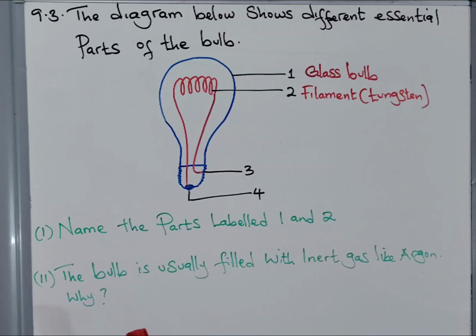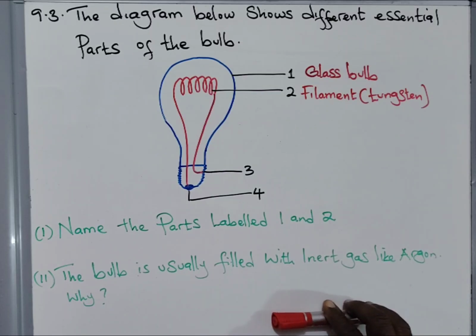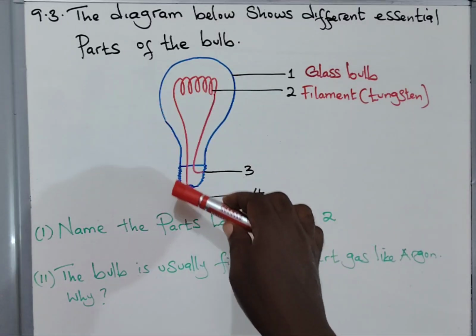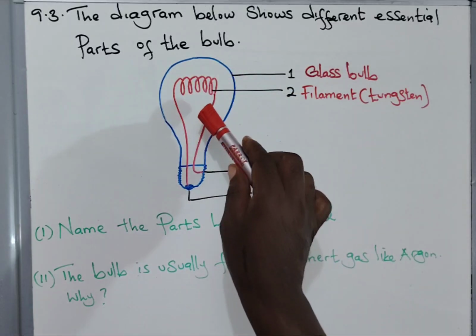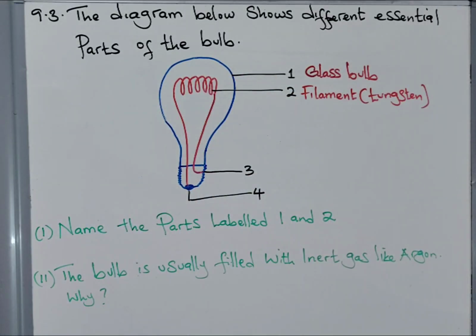Then comes this one. It says the bulb is usually filled with inert gas like argon. Why? Inside this enclosure, they normally fill in argon or any other suitable inert gas.